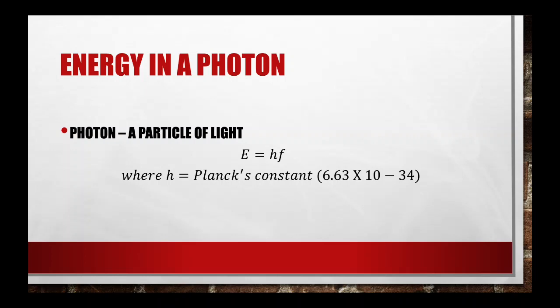So if tinanong sa inyo ano yung energy ng light, so basically pwede nating i-solve yung energy in a photon. And yung photon, ito is a particle of light kasi light is composed of many photons. So to solve for the energy of a photon, we can use this formula. E is equal to h times f, wherein yung E, yun yung energy.